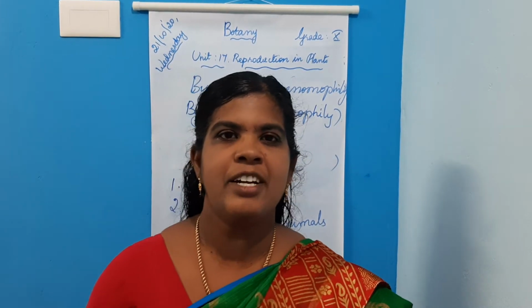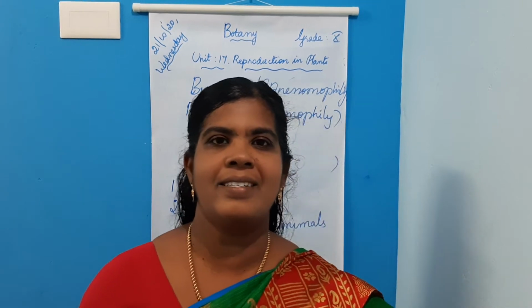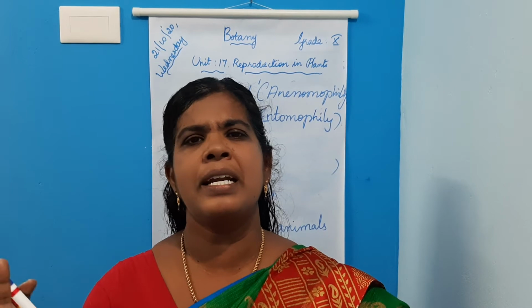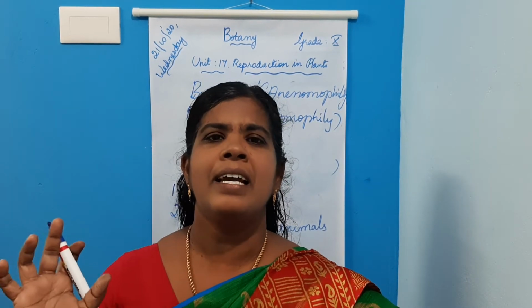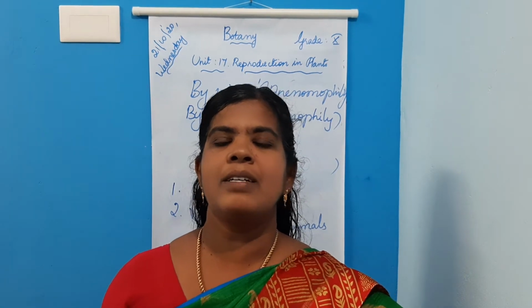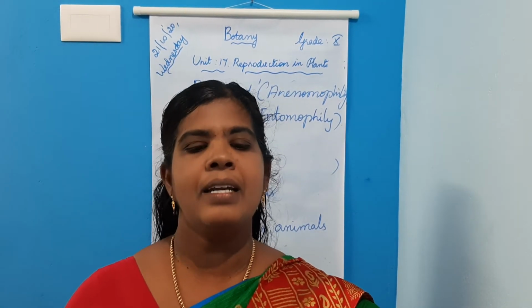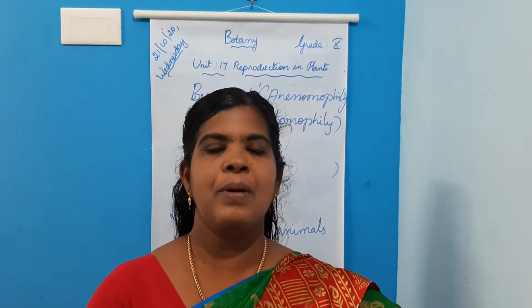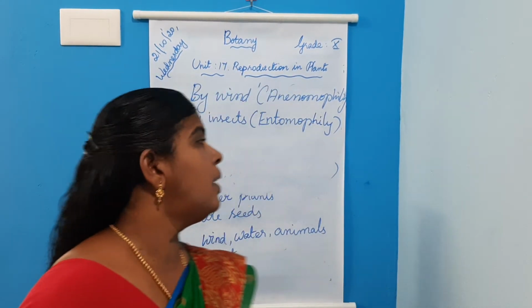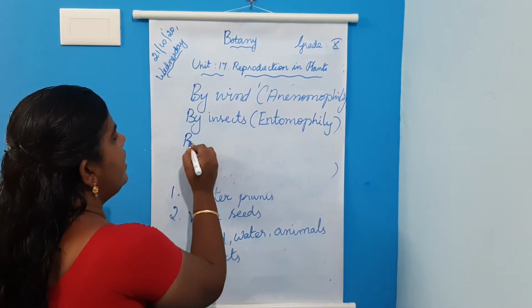The outer layer of the pollen grain is called the exine, and the inner layer is intine. The outer layer of the pollen grain is pitted or spiny, so they can adhere to the sticky stigma.